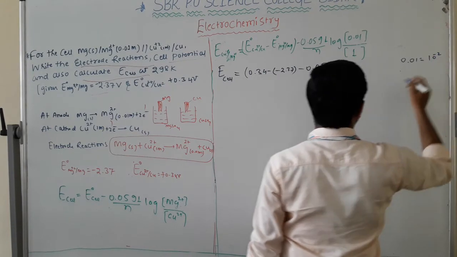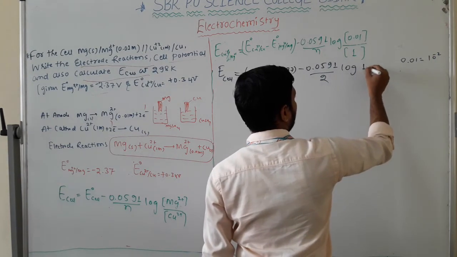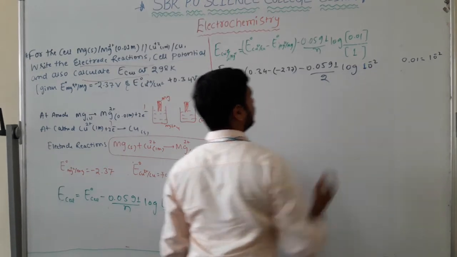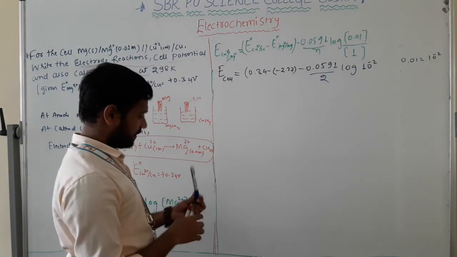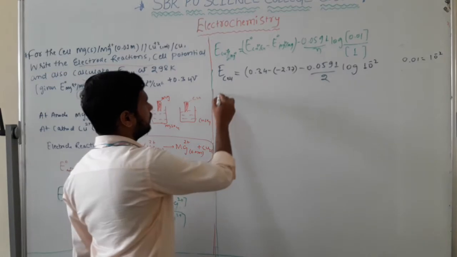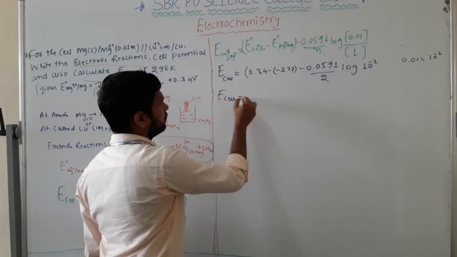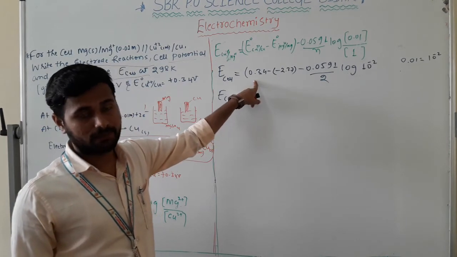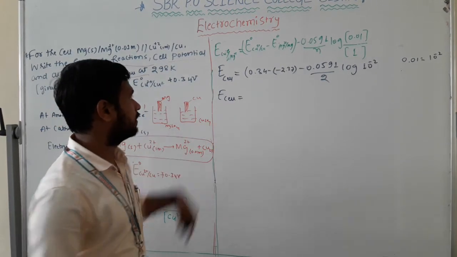Now let's calculate E cell by simplifying: 0.34 plus 2.37 gives 2.71.